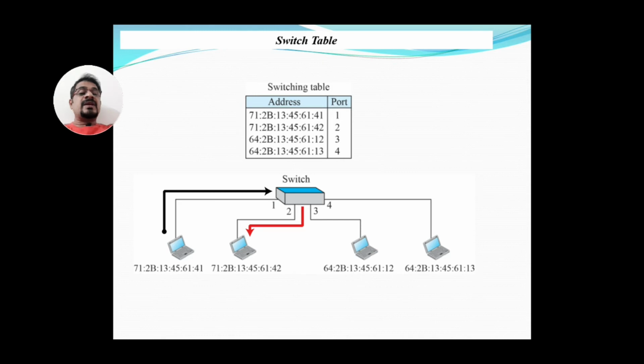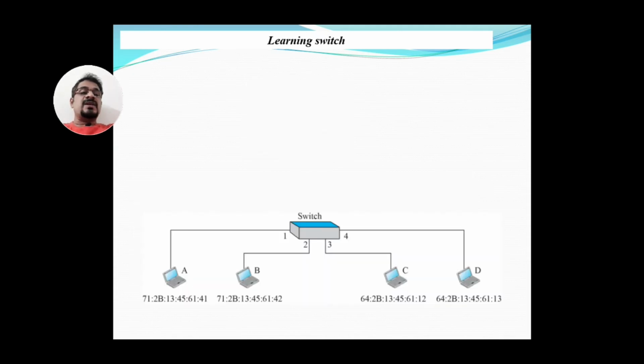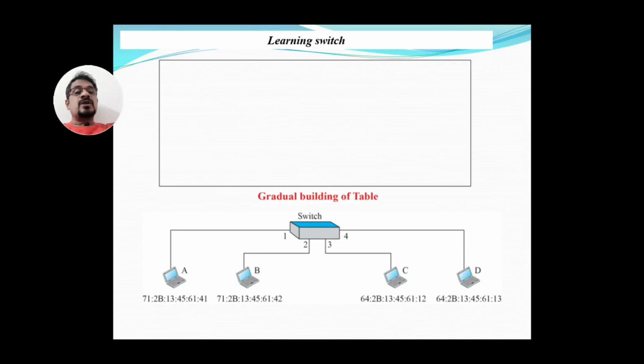If that particular switch doesn't know which device has been connected to the network, then it can learn, that is, learn the switching table. That is what a learning switch is. In this learning switch, the same four devices are connected to a single switch, but at the initial stage there is no entry in the switching table, so the switching table is empty. How is it going to build a switching table?